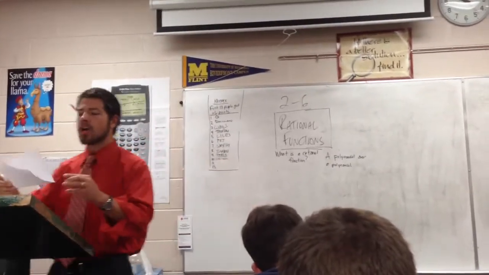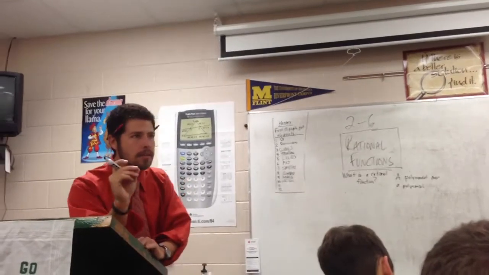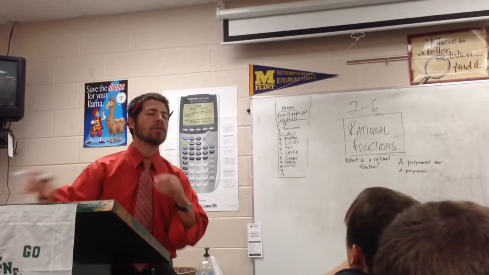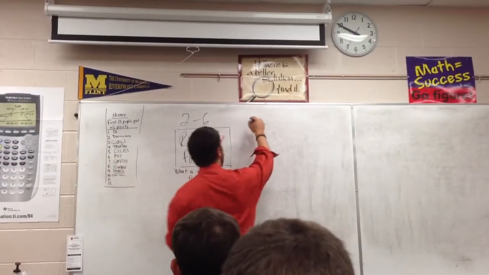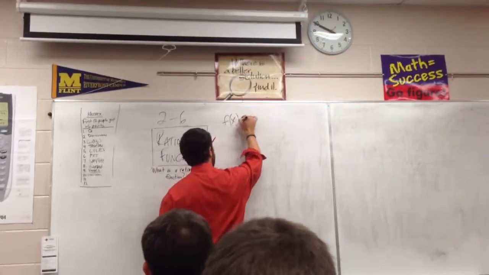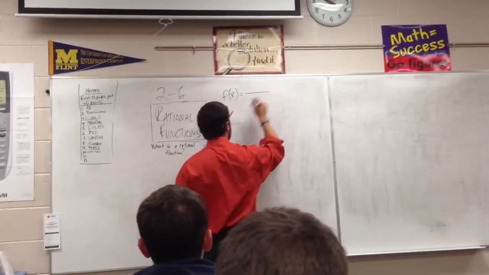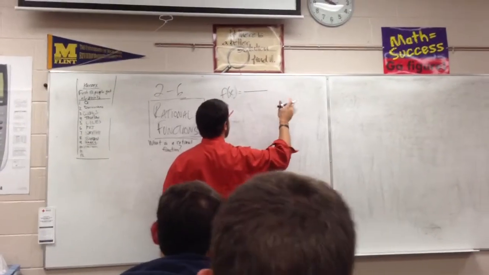We're going to talk about some very important things, some characteristics, some things that I want you to find about these rational functions as we graph them. Let me first define something very quickly. My rational function will be set up like this. My top polynomial will be represented as the numerator.